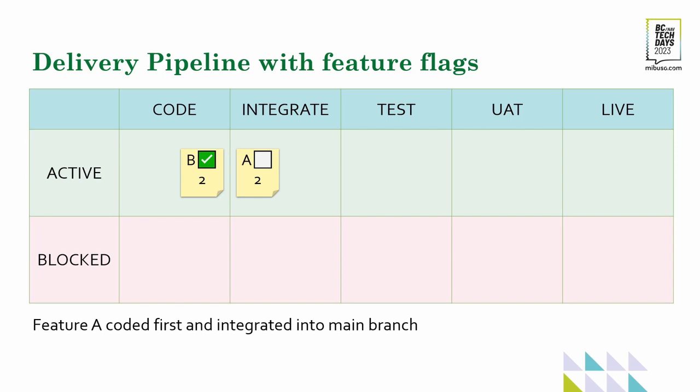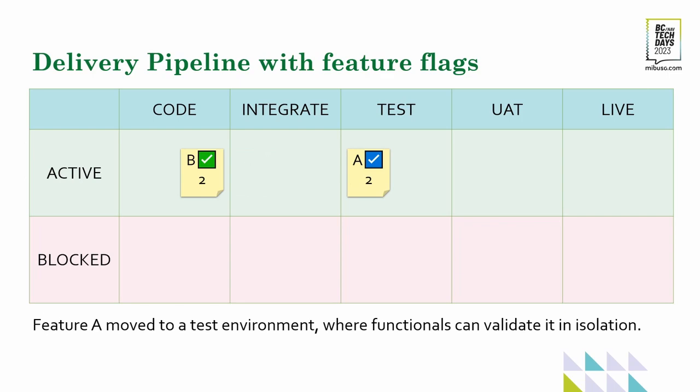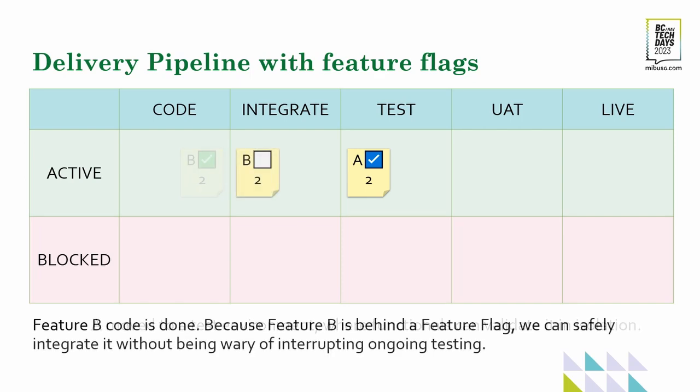And we can move it to a test routine as well. This is where we can enable this flag only for a subset of our users who are taking care of the functional testing for our feature. This is where feature B can be integrated as well, because it's coming in a disabled state, we are not affecting any other environment, so our test isolation requirement is still complied with.